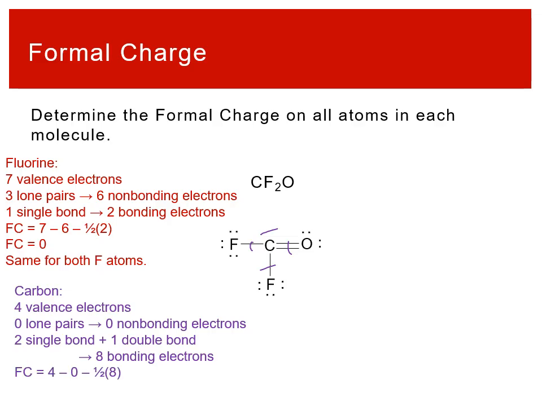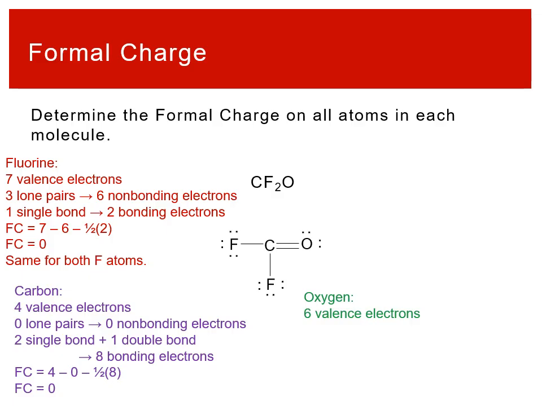If I plug that into my formal charge, 4 minus 0 minus 1/2 of 8 is 4 as well, giving me a formal charge of 0. So again, carbon tends to form 4 bonds, and it formed those bonds. There's no formal charge. It doesn't care if it's double bonds or single bonds, just how many total bonds that carbon atom has. In this case, 4, so it's all good.